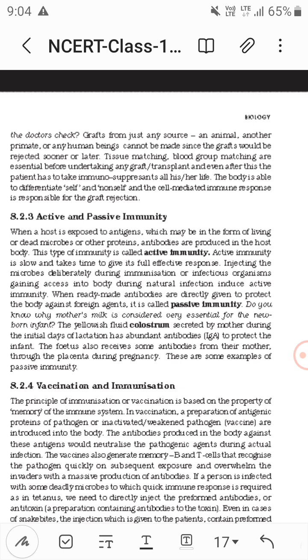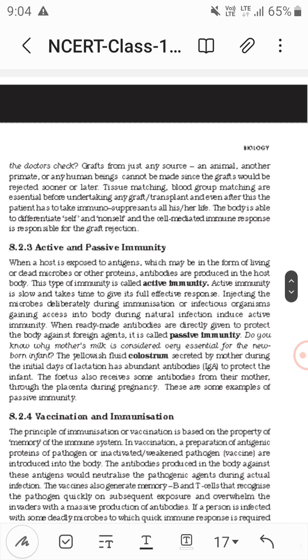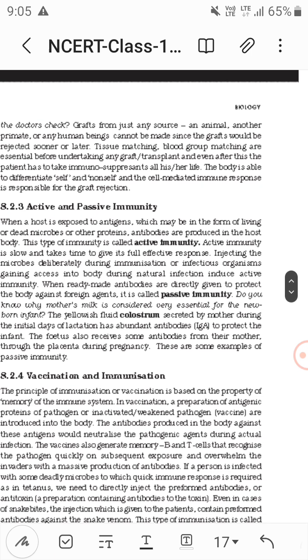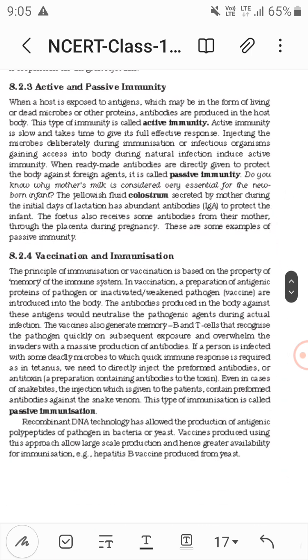In passive immunity, these are ready-made antibodies. In active immunity, antibodies are produced in our body.